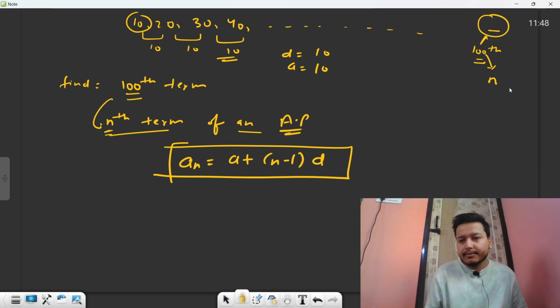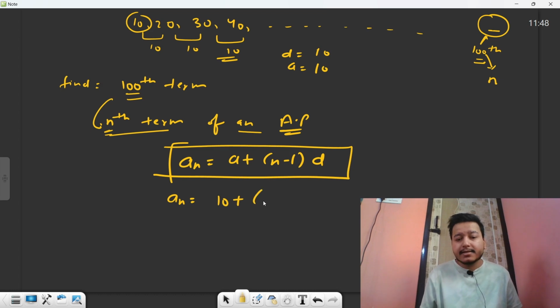Now if we put all the values in the formula, we will get an. A is the first term, which was 10, plus n is the position of the number. What is the position? 100th term. So 100 minus 1 into d, and d is the difference. The difference is 10 again.